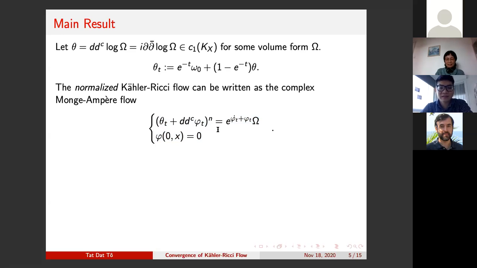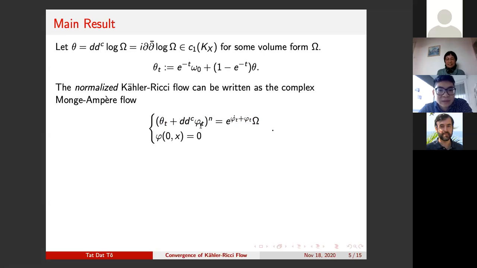Thanks for the question, because this is one of the key points why we write down the Kähler-Ricci flow in this formulation: it is verified for the weak setting. So this is a reformulation.